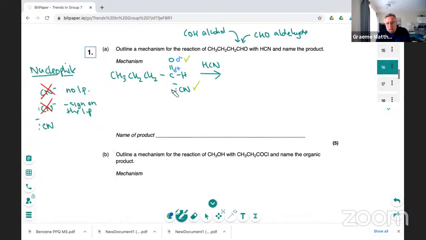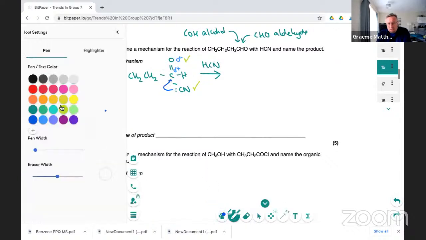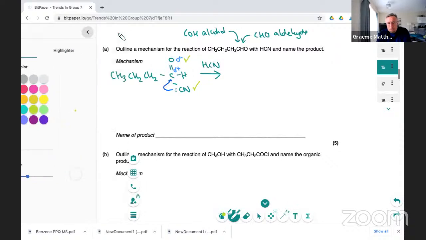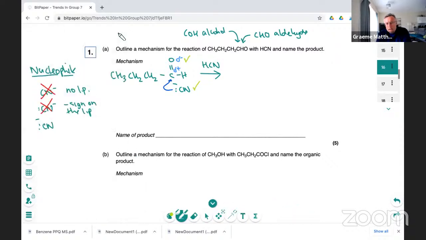Look, the lone pair goes up to the carbon. Now, chemists, what you're thinking is that it looks a little bit nitpicky, but the tail of the arrow starts at the lone pair and it goes up to the carbon like this. That's the third point.